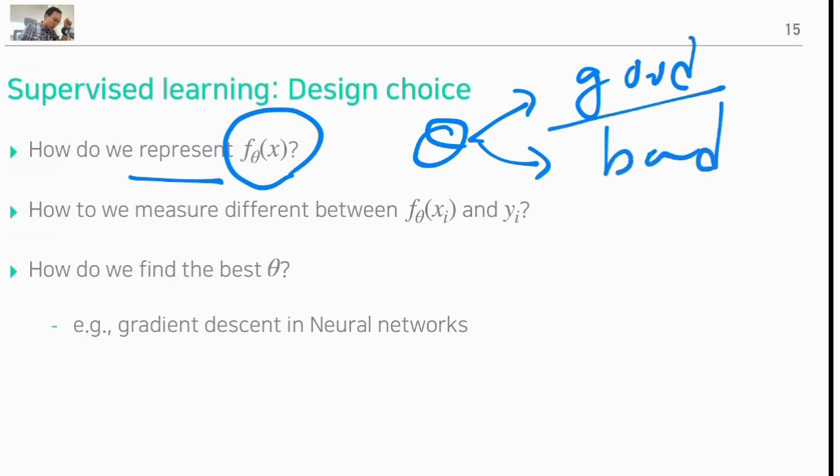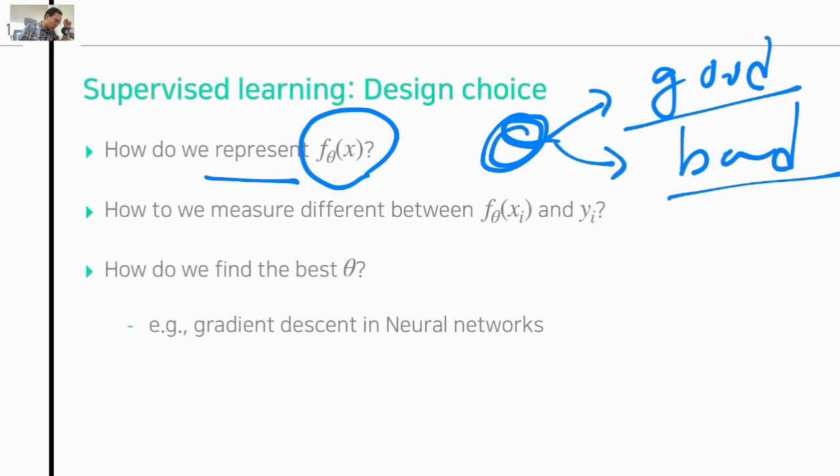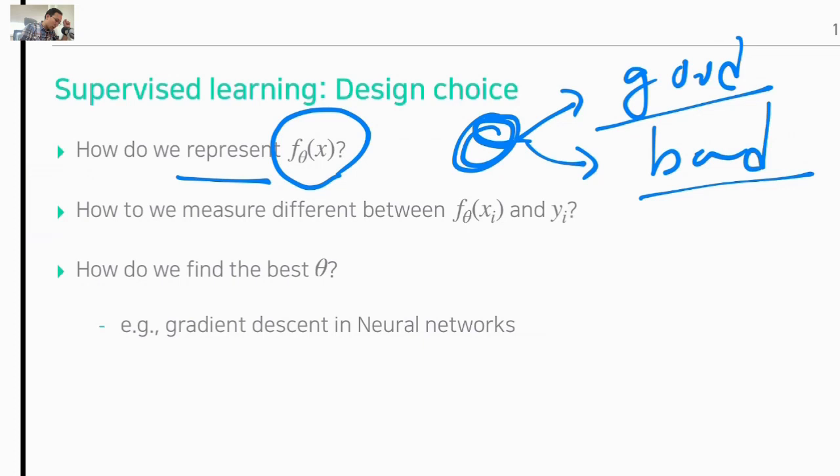When it is good, we don't need to update the parameters, right? When it is bad, we need to update a lot, right? So we need to decide how to determine good or bad, right? So usually, good means our prediction from the learned model is similar to the true label or not.